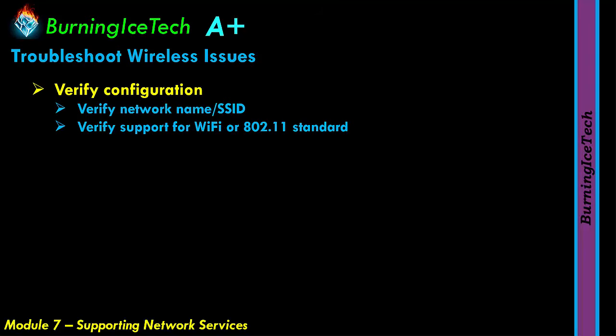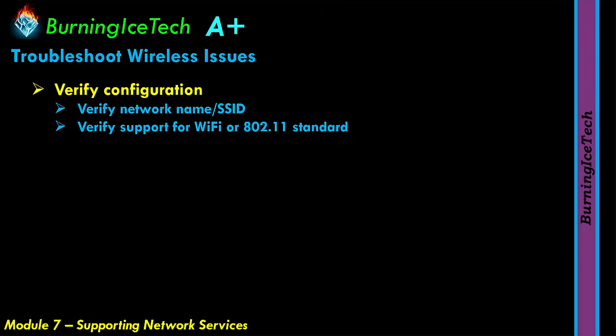But now this person is trying to connect to an 802.11a. It's a different frequency. It's a different standard. It is possible, especially with older devices, that it does not support that standard. So you might want to check what standard they are trying to connect to, and does that device support that standard? It could be a compatibility issue.